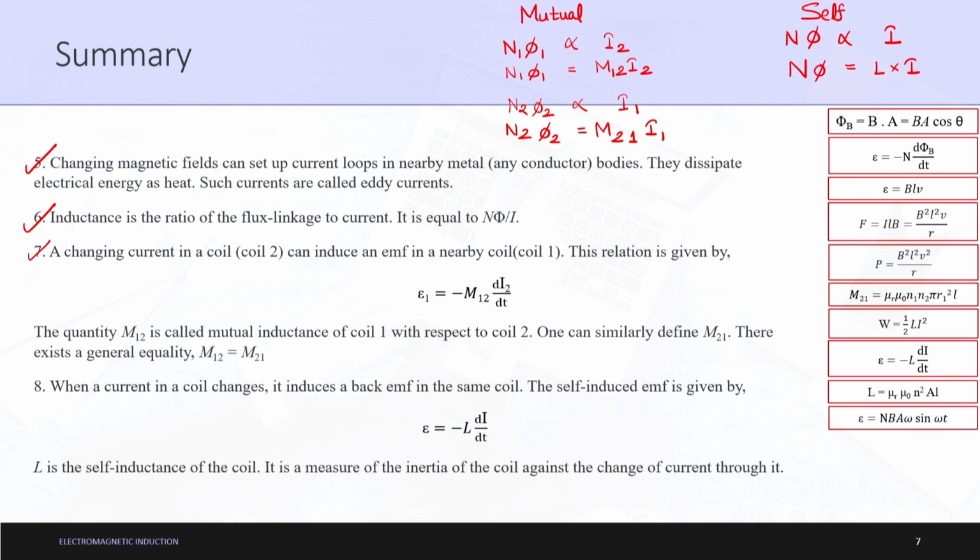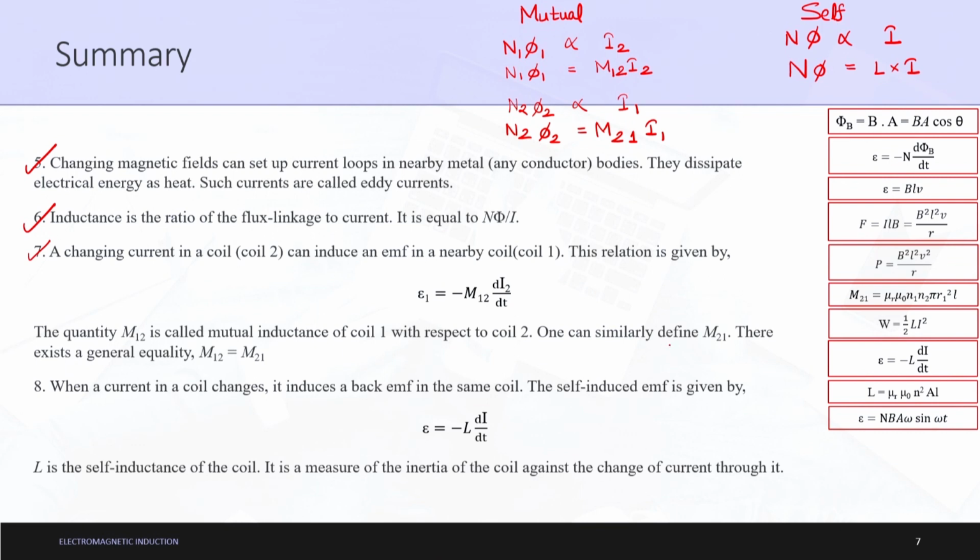One can similarly define M21. So, M21 is nothing but mutual inductance of coil C2 with respect to C1. There exists a general equality, that is M12 is equal to M21.